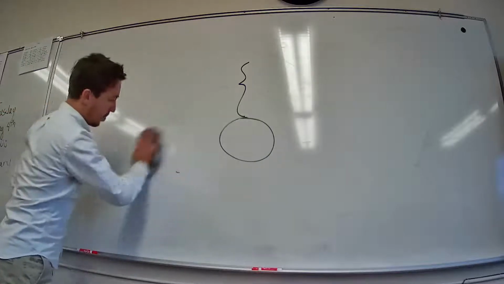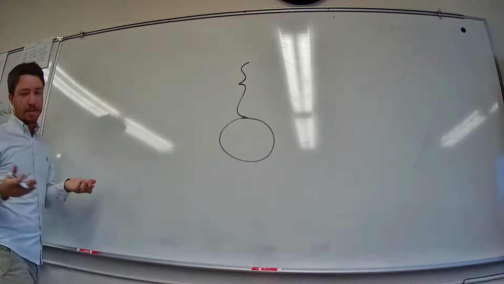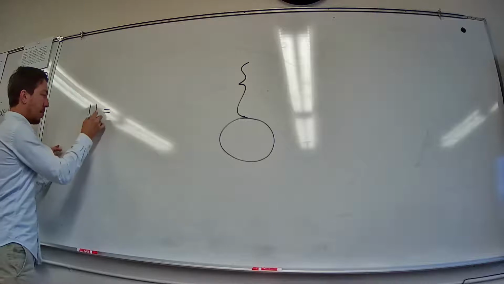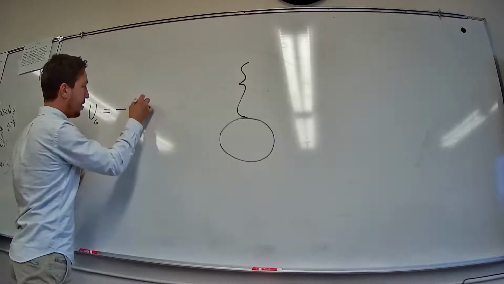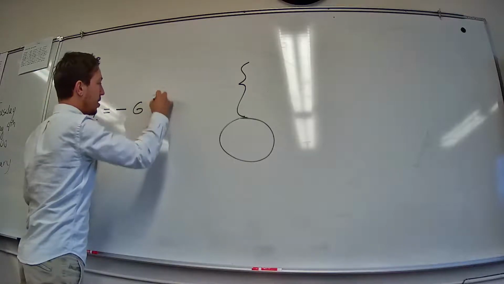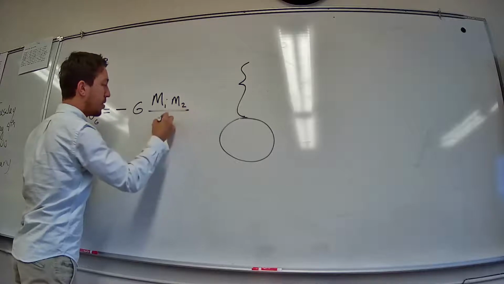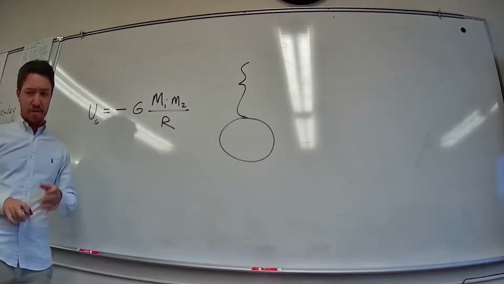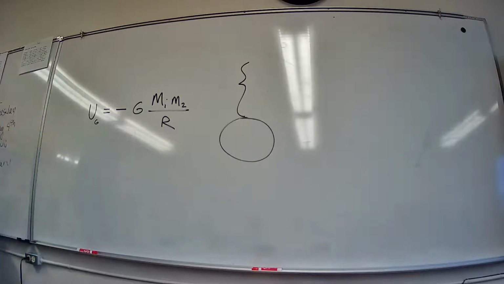So here's the formula. We have to use calculus to derive it, so I'm not going to cover that. The gravitational potential energy is negative G times M, let's call it M1 times M2, over R. Not R squared, just R. You guys okay with that?